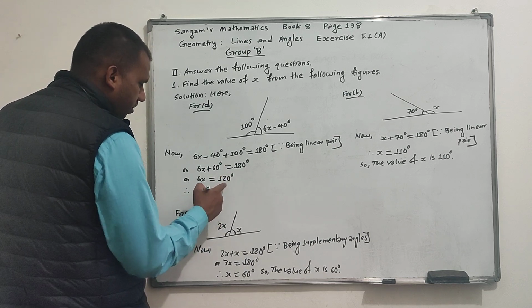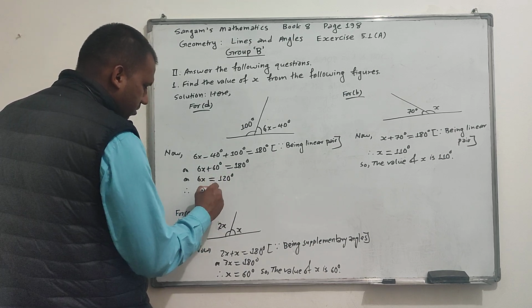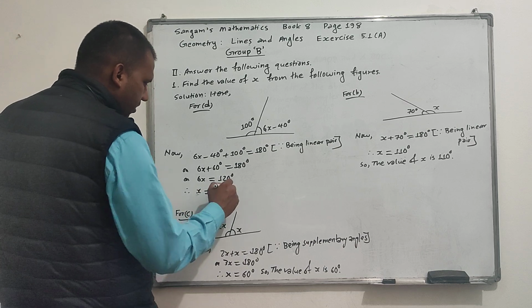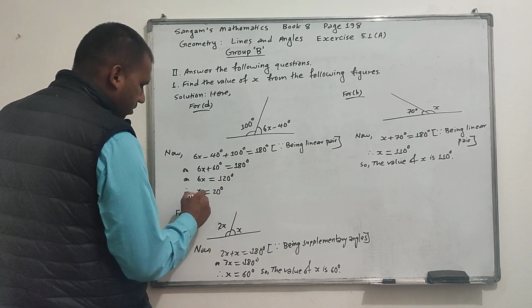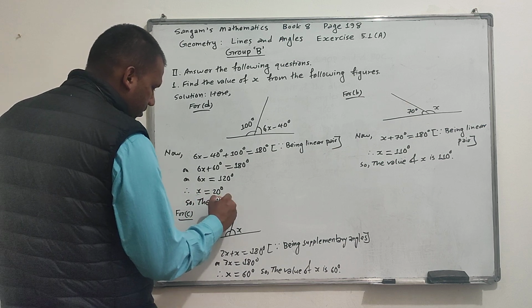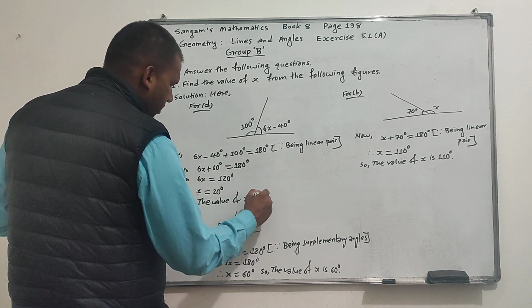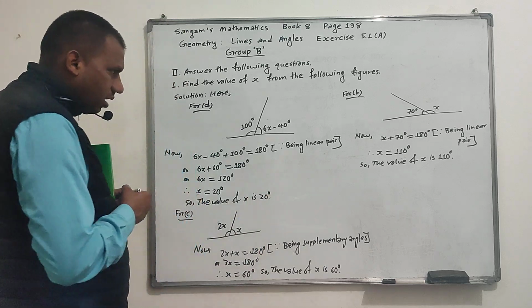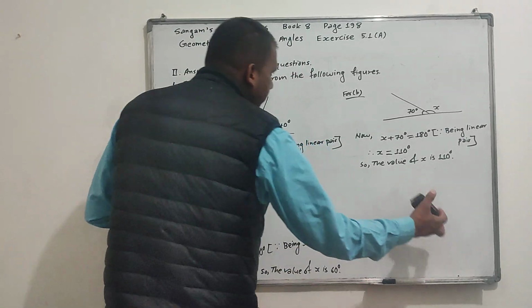Therefore x equal to 120 divided by 6, 6 twos are 12, so x equal to 20 degrees. So the value of x is 20 degrees.